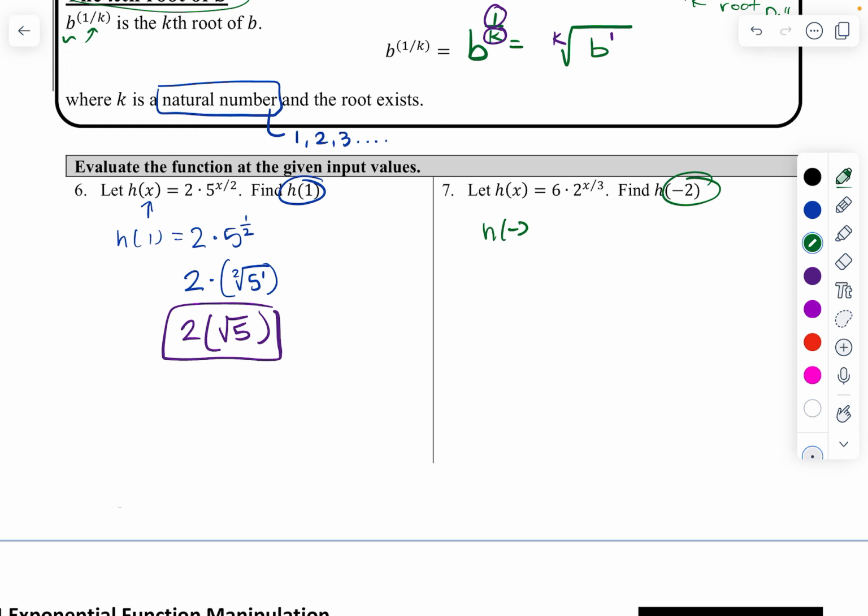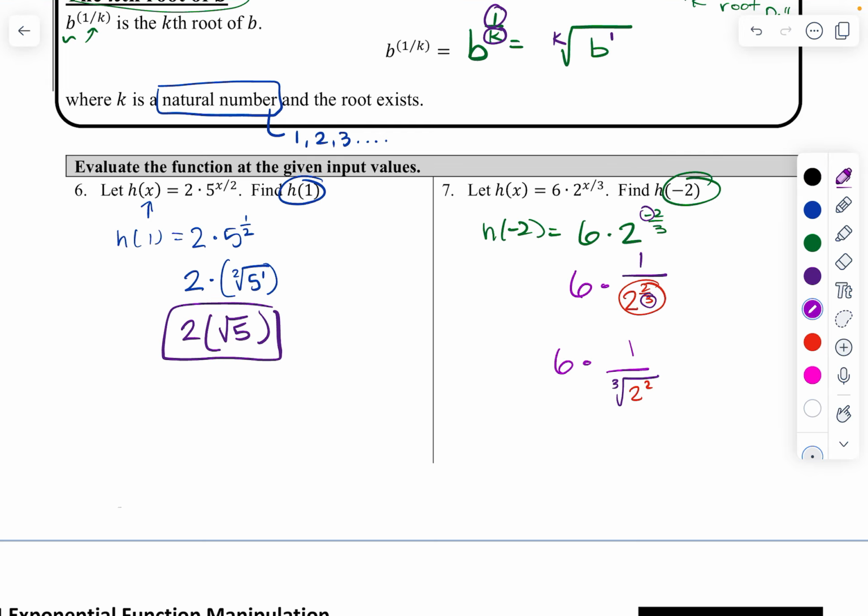So h of -2 is 6 times 2 to the -2 over 3. Let's do this. 6 times, remember that negative now becomes a 1 over. What's left is 2 to the 2/3. This 2 to the 2/3 is now going to become a 3 in the index, and what's left inside is that 2 to the 2.